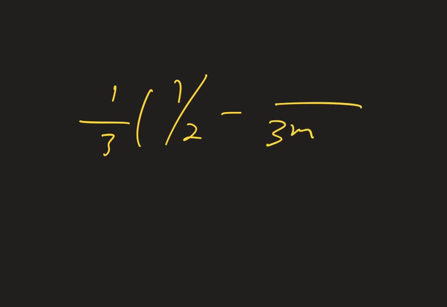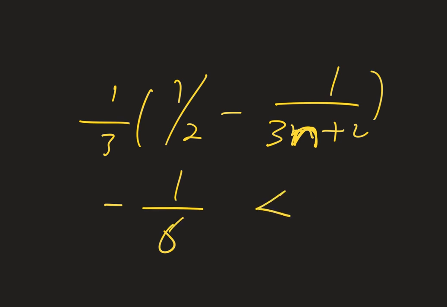Finally, find the smallest value of n such that the sum differs from this by less than 0.04. This is not so difficult. So we know 1 over 2 minus 1 over 3 times 3n plus 2, minus 1 over 6, has to be less than 0.04.